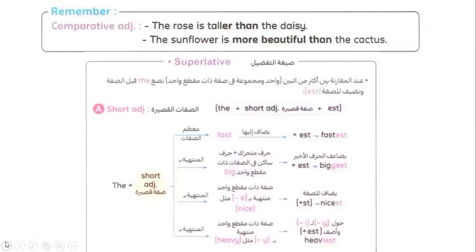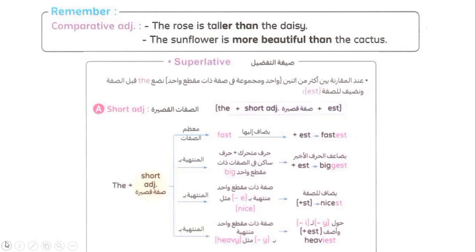You should write the article the before the adjective and add est to the adjective. I have here the adjective fast. It will be the fastest.